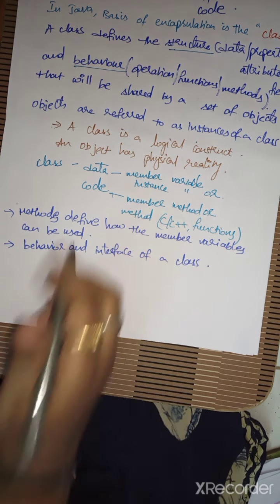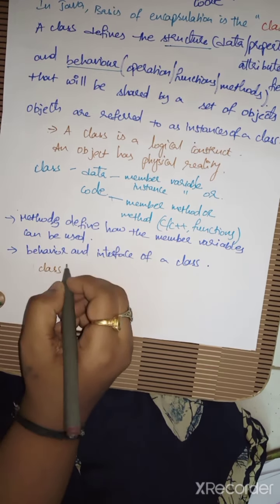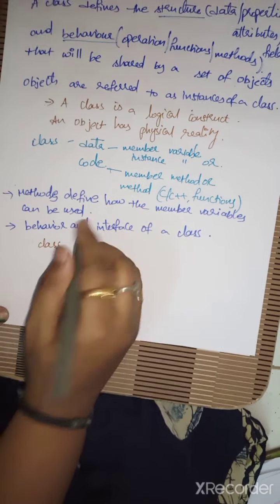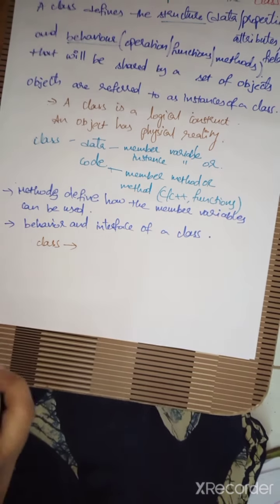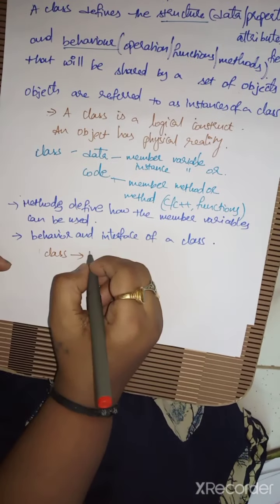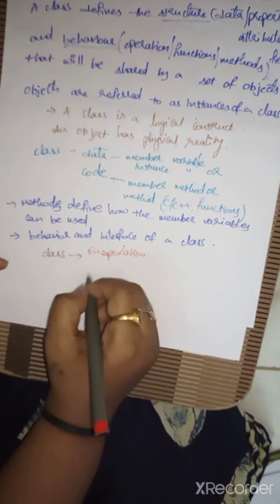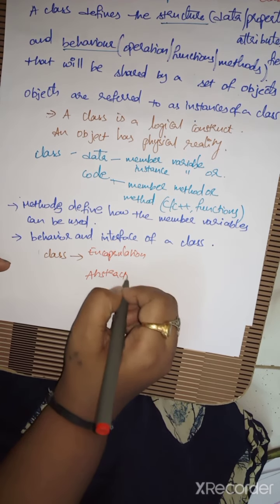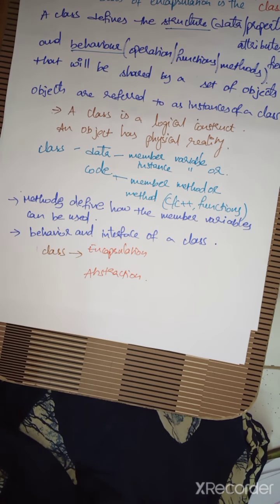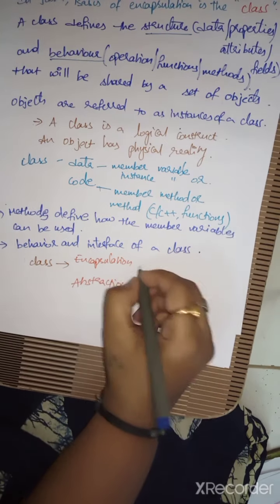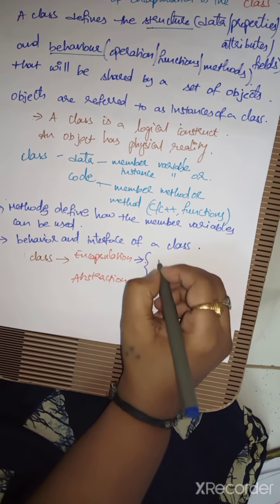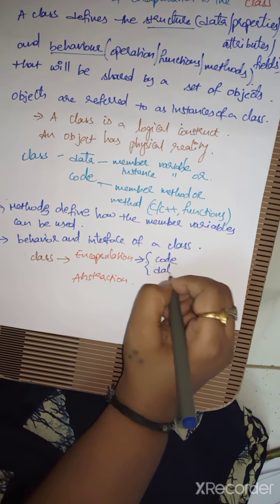So, what did you understand? A class can implement both the concepts of encapsulation and abstraction. How? Encapsulation is implemented by binding together code and data.